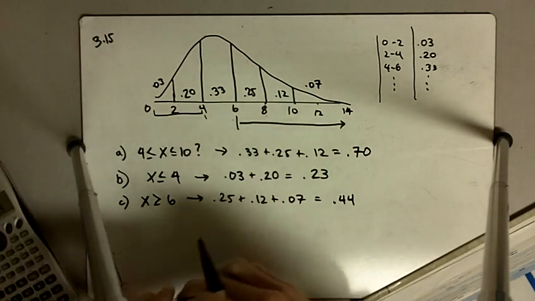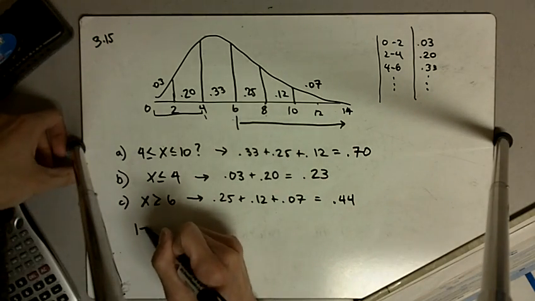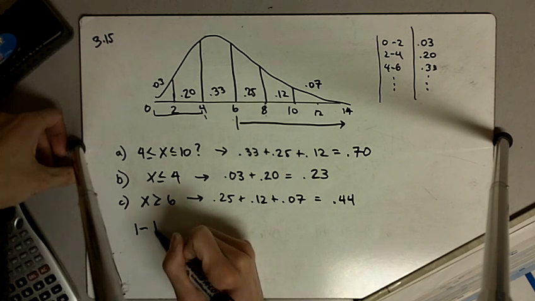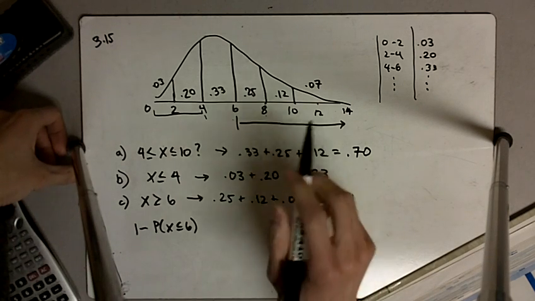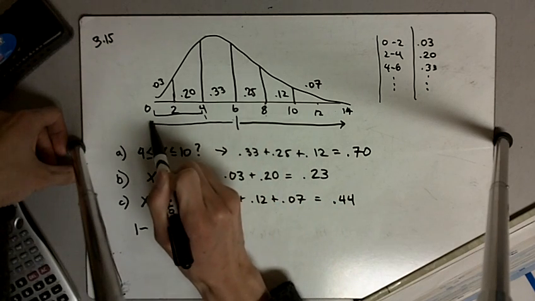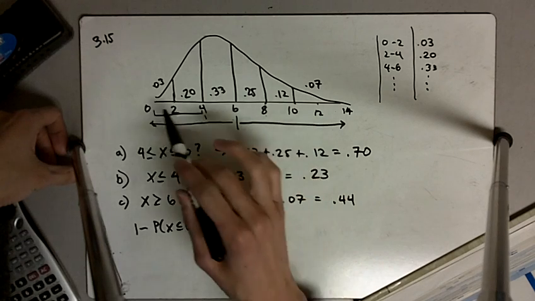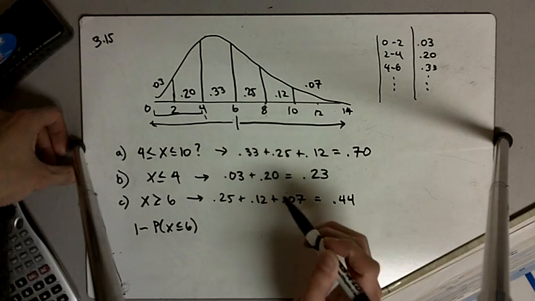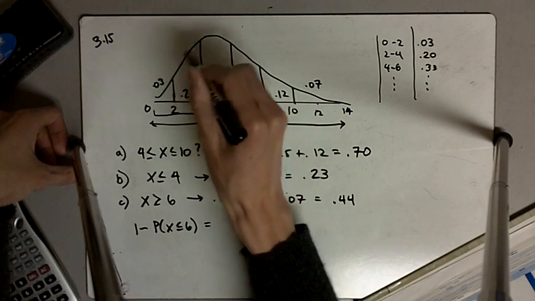If you want to add up different numbers, you can also do 1 minus the probability that x is less than or equal to 6. I'm doing the exact same problem, except now I'm going to find out this side, and because we know for all density curves, the total area underneath the curve is equal to 1, we can do 1 minus the area that's on this side.